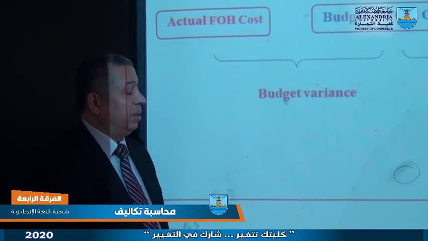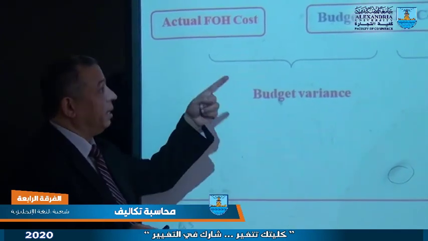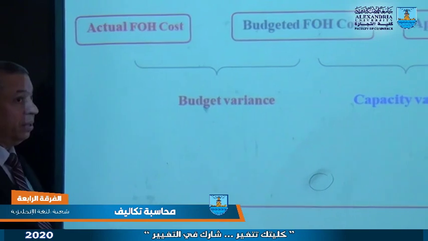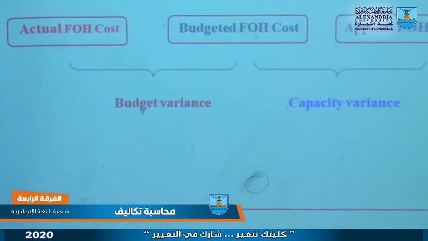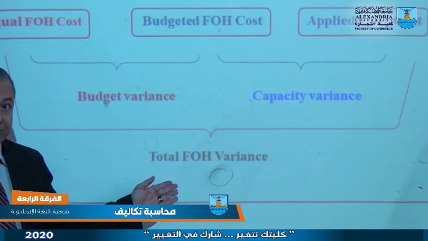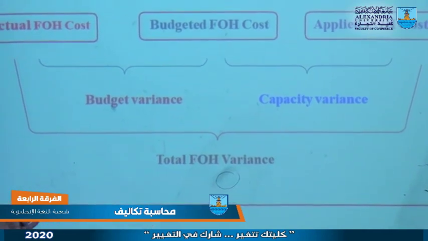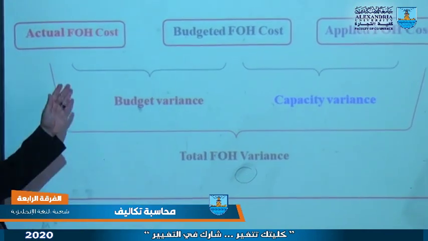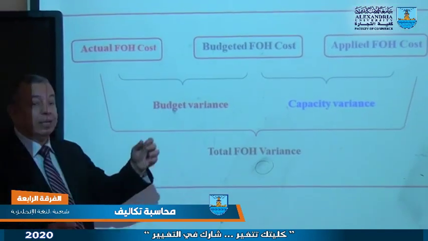Don't forget the difference between 1 and 3. Do you remember? Yes, it will be the total variance. The total variance of fixed overhead is the difference between actual and applied.